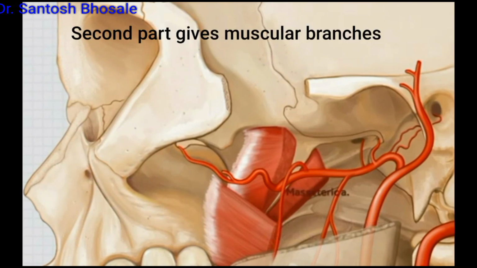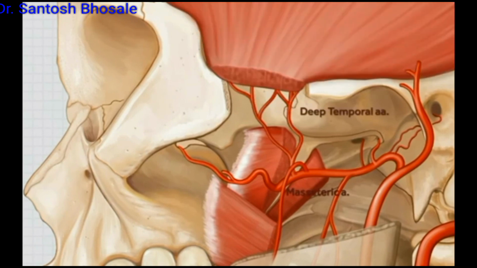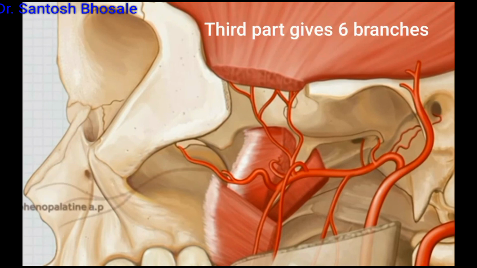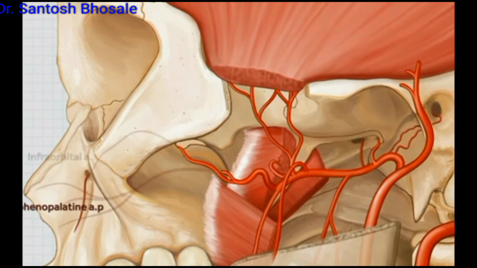And the second part gives muscular branches: masseteric, temporal and pterygoid branches, and also the buccal artery. So these are all muscular branches, you can remember them by the muscles. And the third part gives 6 branches supplying the orbit and maxilla.